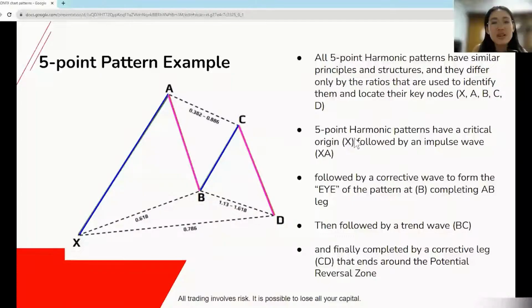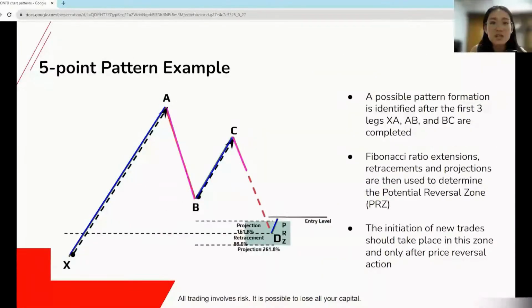Ignore this line, and finally it's completed at the corrective leg CD, which we call the potential reversal zone. We call it that because we're expecting price to break out of this neckline area in order to give us downside confirmation. Even though it looks a little more complicated, it's basically about the same as we talked about earlier.